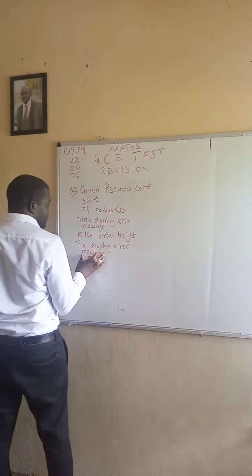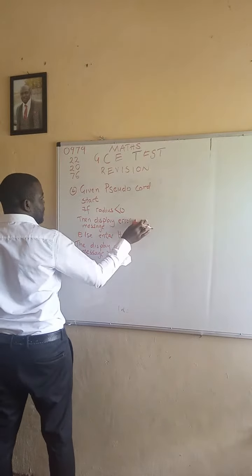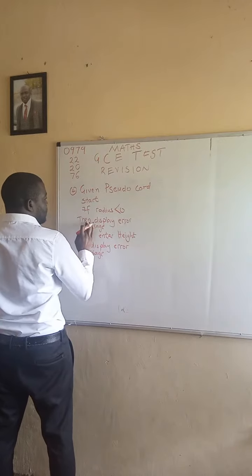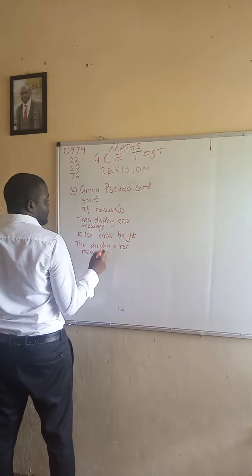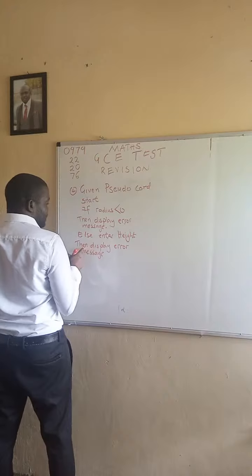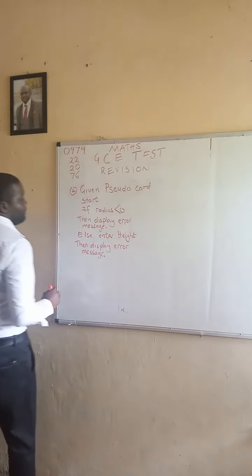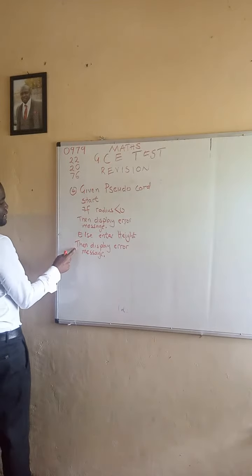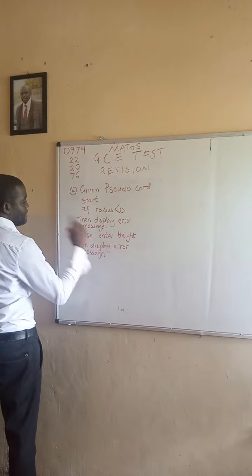Same with this message here, it is at the end. Then display error message. Full stop. This is one sentence. Else enter height. That is one sentence.